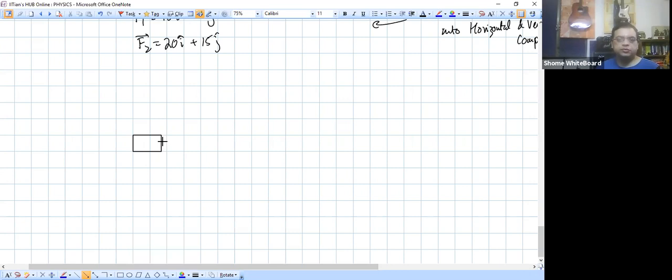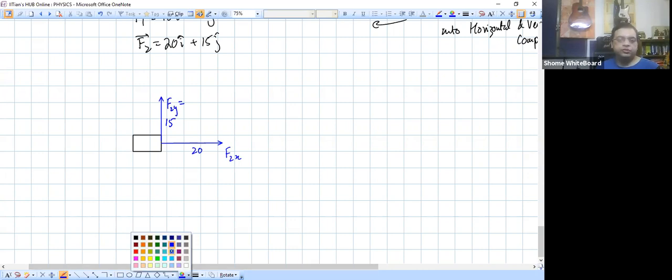it's like this force F2 that we had, it has a horizontal component, X component, which is of 20, and it has a vertical component upward, which is of 15. All right.